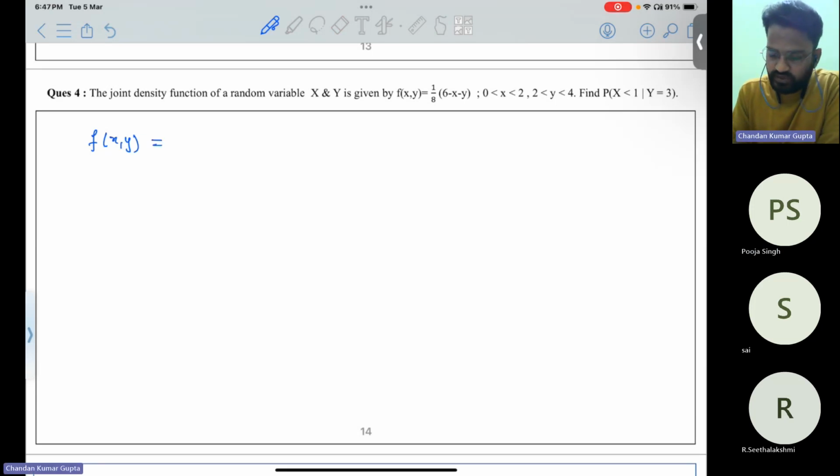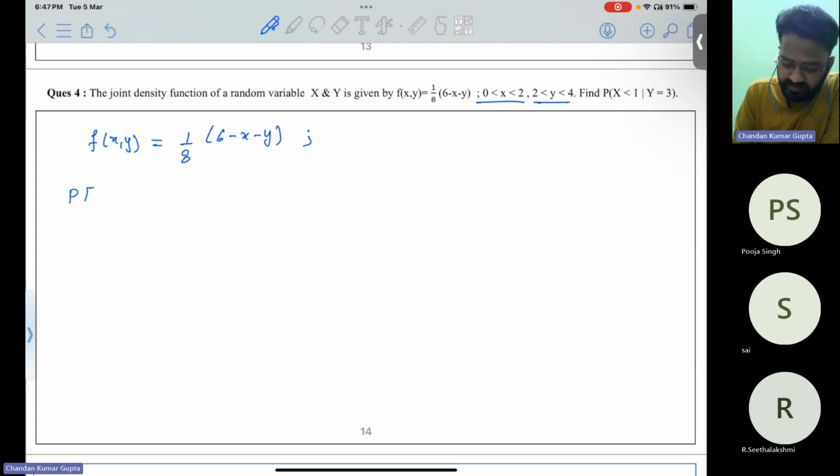So f(x,y) is given as 6 minus x minus y, where x is 0 to 2 and y is 2 to 4. We need to calculate the probability that x is less than 1 given y is less than 3.